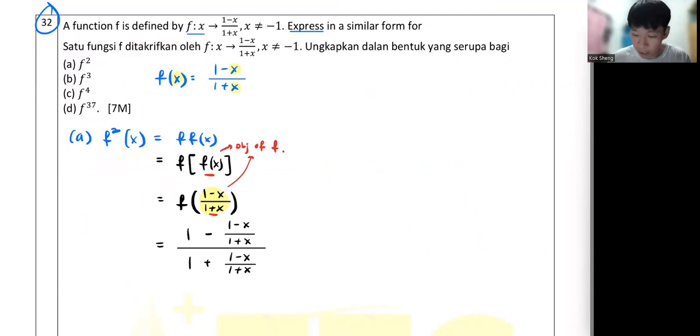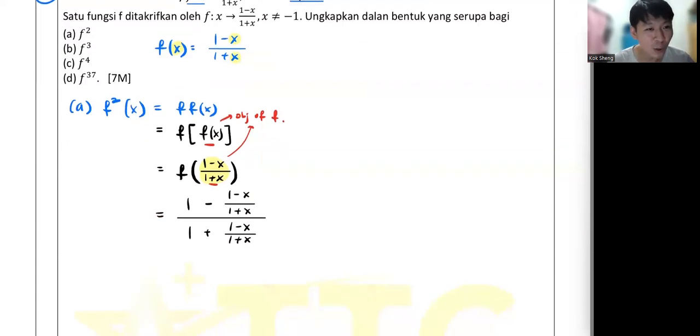Write carefully, because of a lot of fractions here. You have a fraction divided by another fraction. And if possible, you write the equal sign in the middle, easier for you to see which one is over which one.